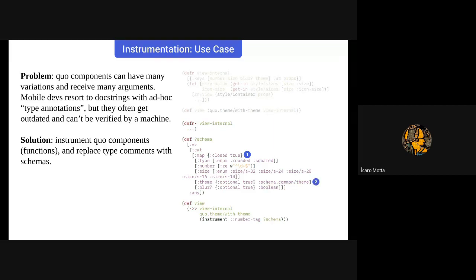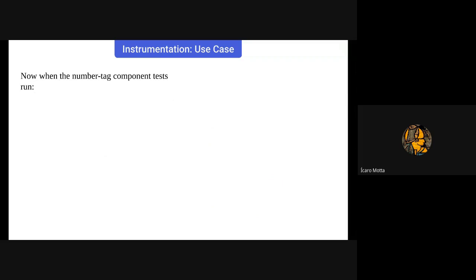Now, when we run the component tests for this component, I intentionally changed the argument to pass ABC. And ABC is not a string of digits as the regular expression schema specifies.